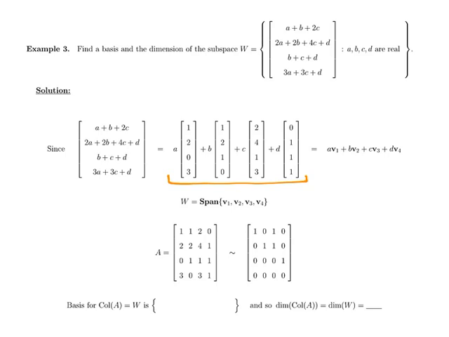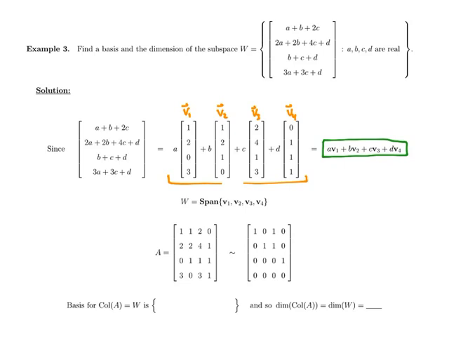And just for ease, we're going to write these as v1, v2, v3, and v4. So we get this linear combination a v1 plus b v2 plus c v3 plus d v4. And that means that this vector space W can be written as the span of all those vectors.